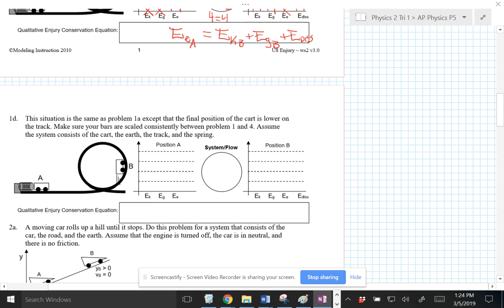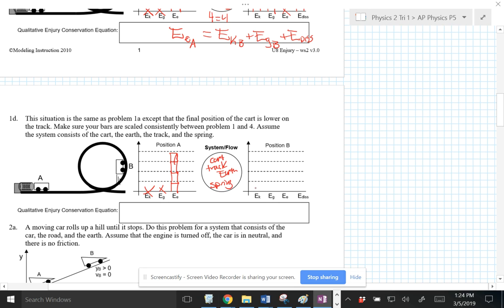So part D, same as problem 1A, except the final position of the cart is lower on the track, okay? So you kind of know how this is going to go. It's going to start out the same. So no EK, no EG, 4 boxes of EE. System is cart, track, earth, spring.